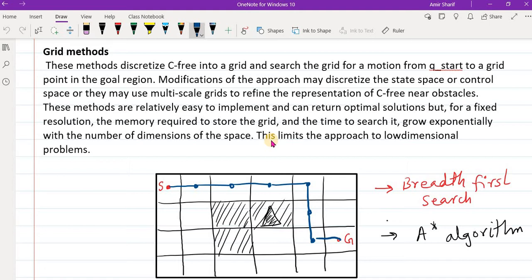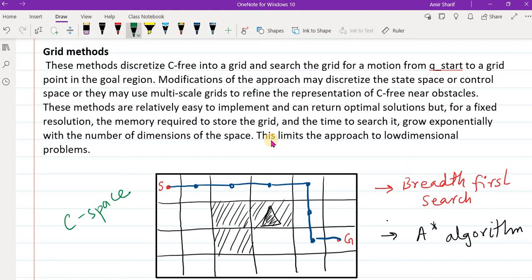So this is one of the problems with these grid methods: when the number of dimensions of your C space increases, for example, this is a 2D grid, and if this becomes a 3D grid, then the computational complexity, the time and memory required to find a solution, will increase exponentially.